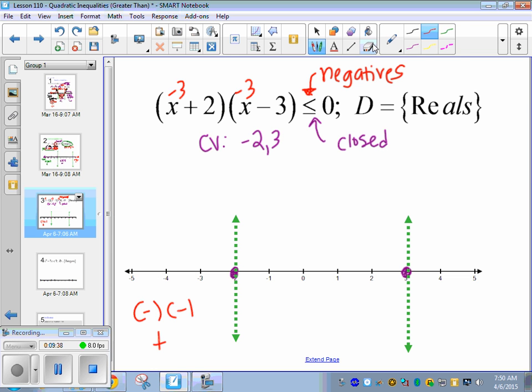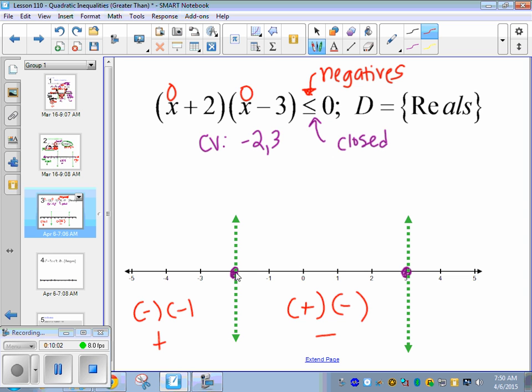Okay, so now let's plug in 0 to test the middle section. So if we plug 0 in here, Devin, what do we get? Positive or negative? Okay, and Patrick, if I plug 0 in here, what do I get? Negative. Good, so a positive times a negative is a negative. And this time, negatives are true, right? We have less than or equal to, so again, negatives are true.